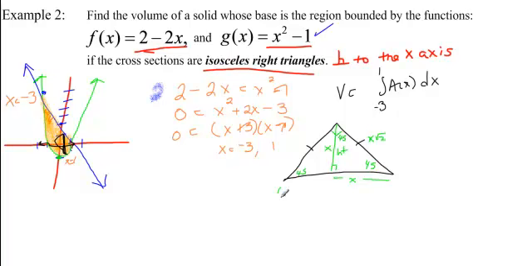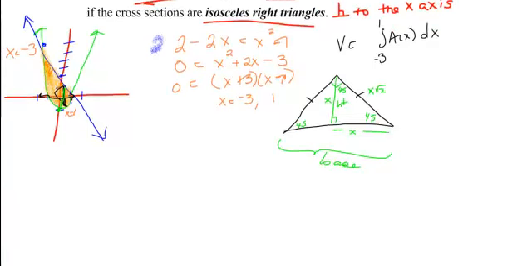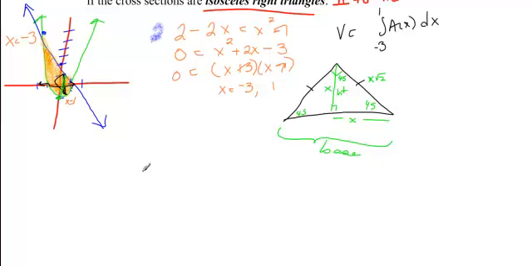Well, that distance of the base is what is lying on the base region, which is the distance between these two curves. And the distance between the two curves can be generated by going top minus bottom. So the top curve is going to be 2 minus 2x. Subtract the parabola, which is on the bottom, x squared minus 1.